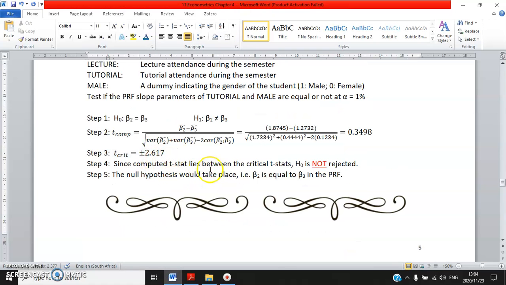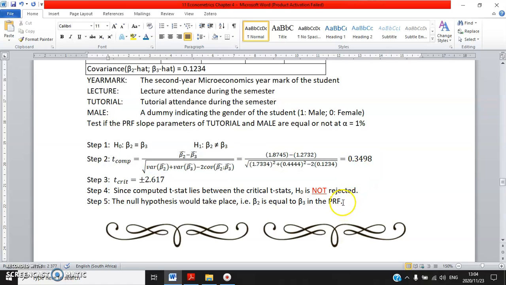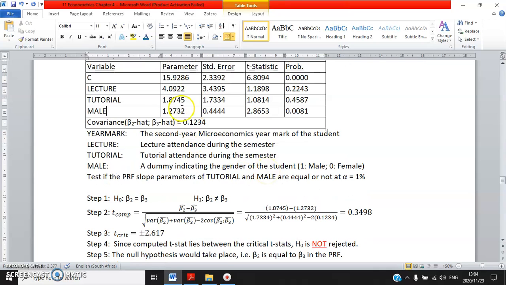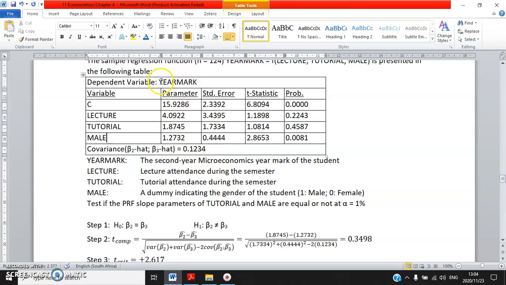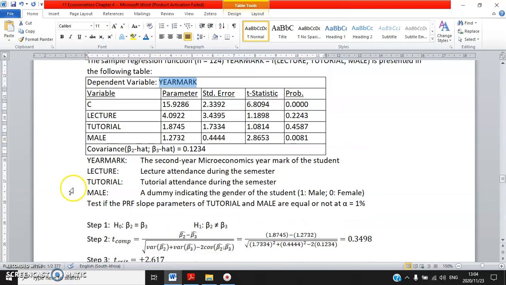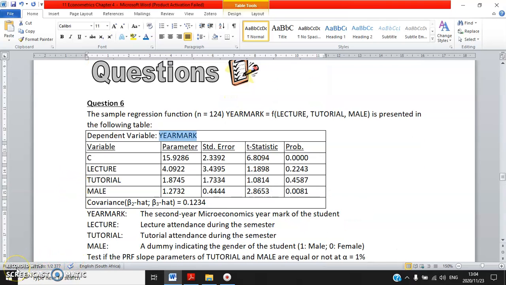And then since the computed t-stat lies between the two critical t-stats, the null hypothesis is not rejected, meaning from a statistical point of view, the null hypothesis would be more likely to happen, meaning in the PRF, the true B2 would most likely equal the true B3. The meaning: tutorial attendance and the male gender dummy would have more or less the same impact on academic performance in the PRF. So in the next video, we will do the next question on the t-test on equality of two parameters.